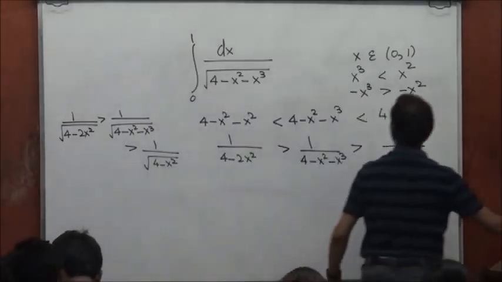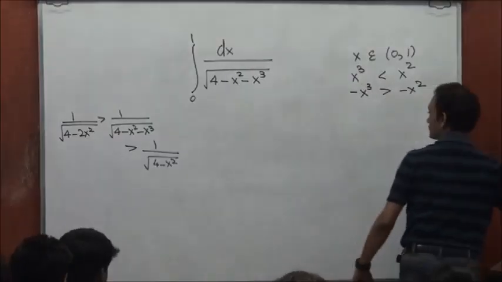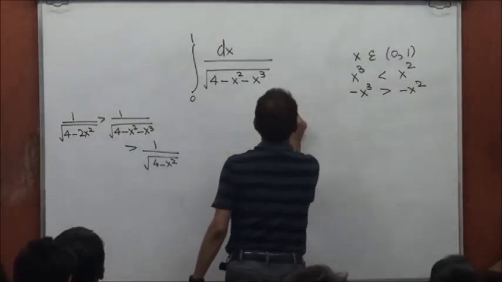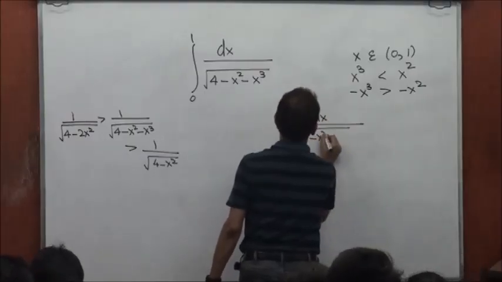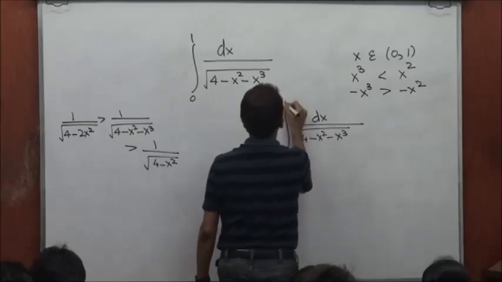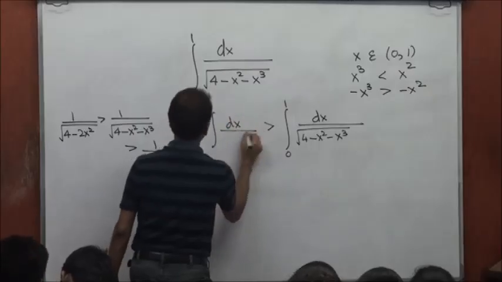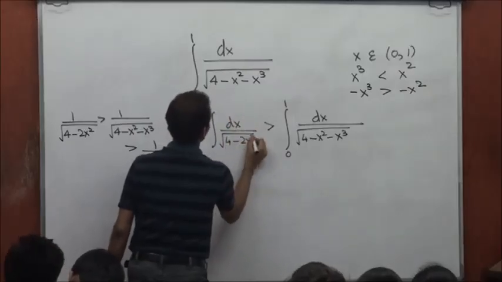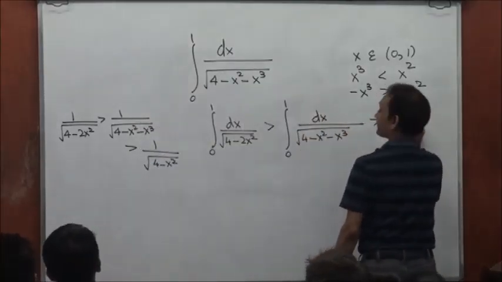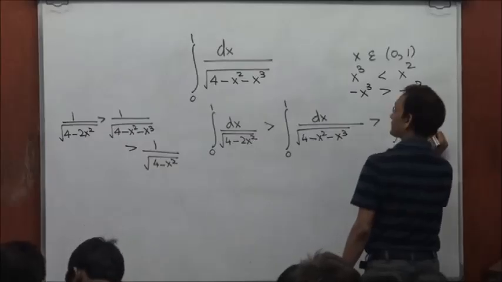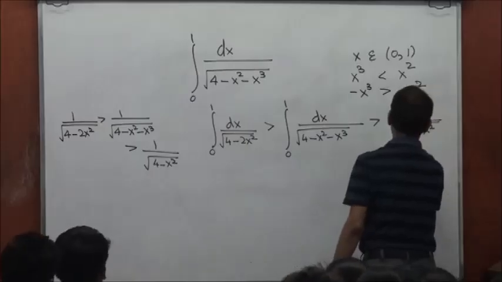So, which means integral dx by root 4 minus x squared minus x cubed, 0 to 1, is less than integral dx by root 4 minus 2x squared, x changes from 0 to 1, and larger than integral dx by root 4 minus x squared, x changes from 0 to 1, yes or no?